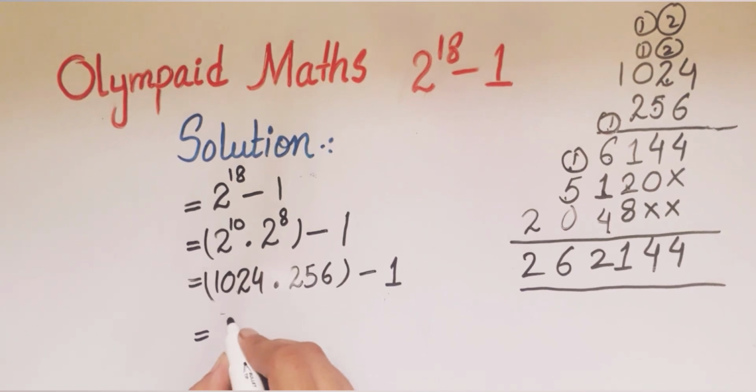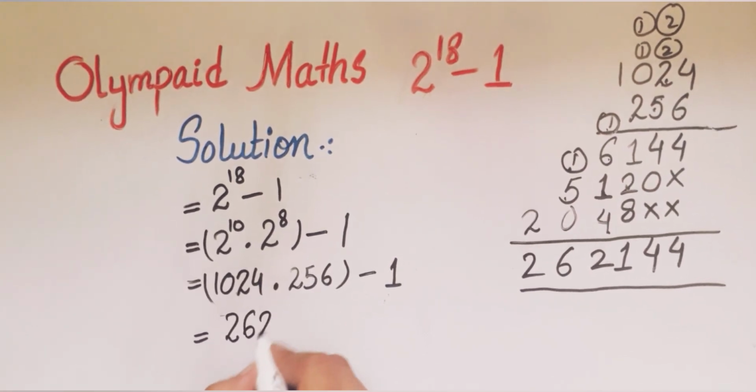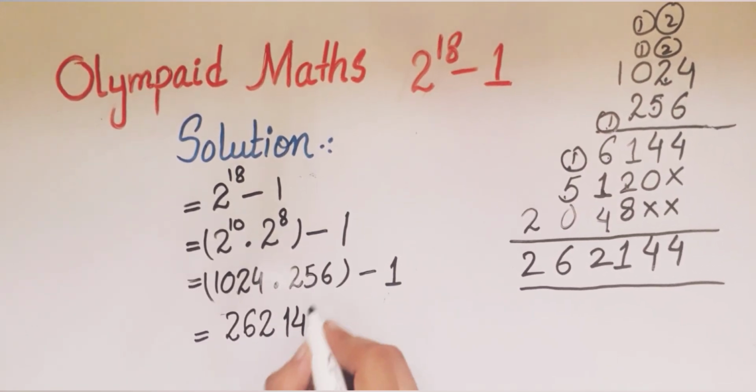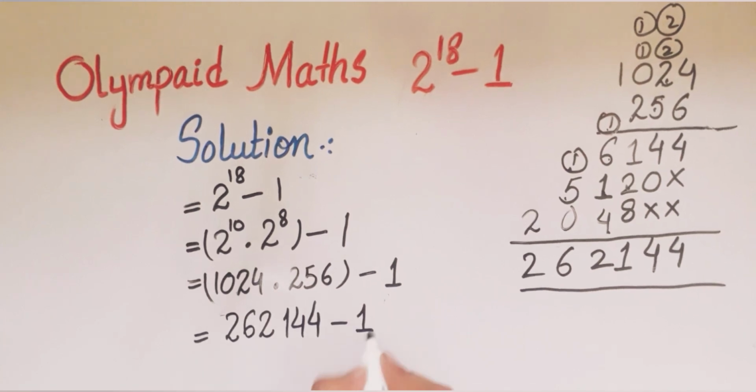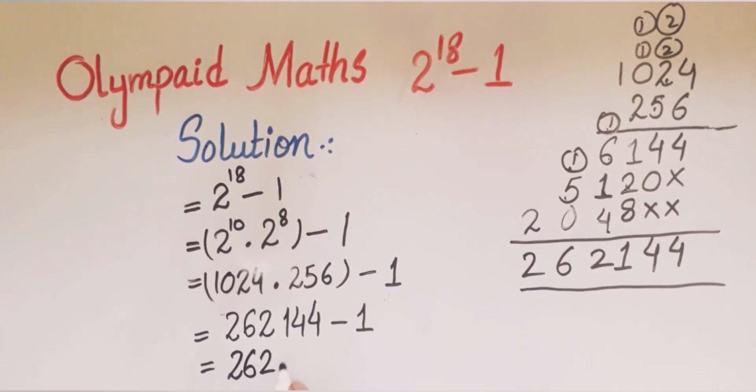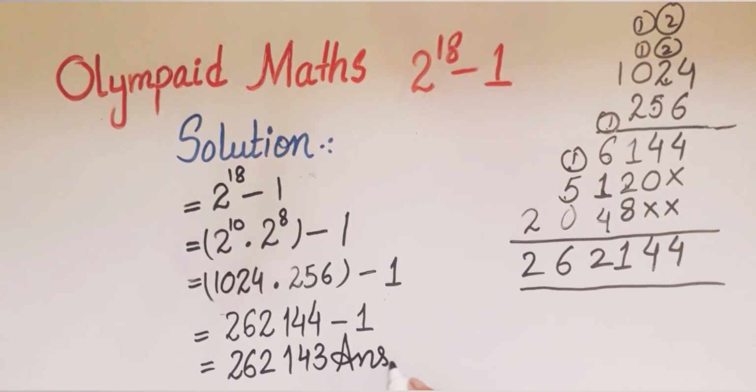So we have 2, 6, 2, 1, 4, 4 minus 1. Then we will get 2, 6, 2, 1, 4, 3. This is the answer of this question.